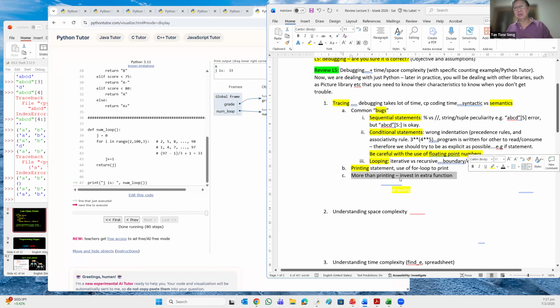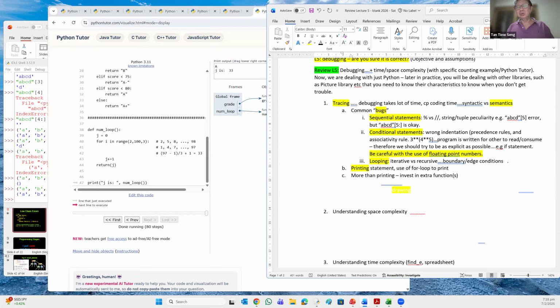And of course, there is a way to hide the printing by doing some status thing. But on the other hand, it's more than that. Sometimes we write extra functions to help us make sense of things or to do the automated testing.